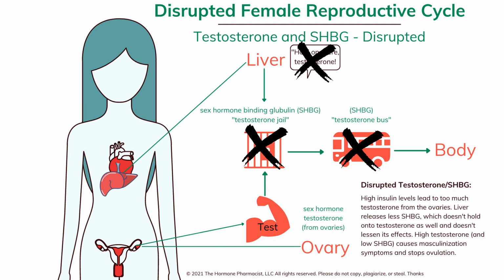High insulin levels lead to too much testosterone from the ovaries. Liver producing less SHBG doesn't hold on to testosterone as well as it used to, and it doesn't lessen its effects. That high testosterone and low SHBG causes more masculinization symptoms, and it helps to stop ovulation.